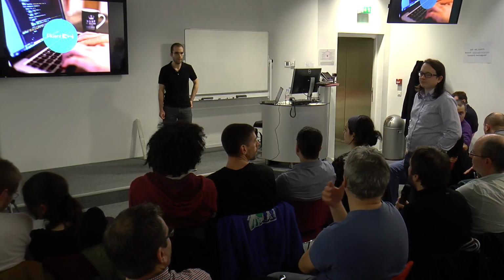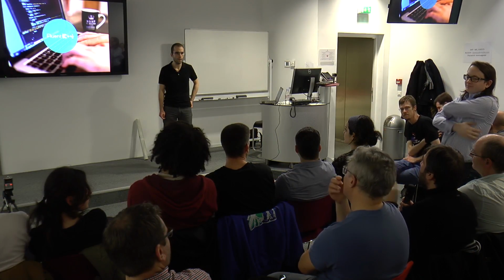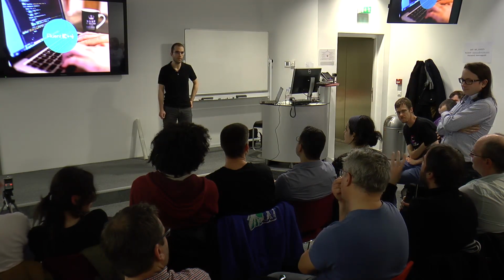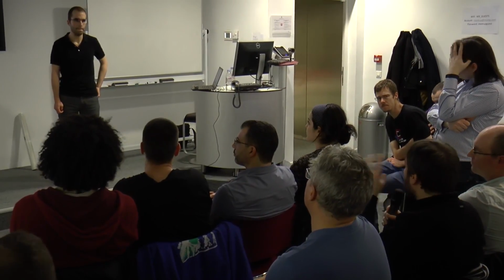What surprises me in your presentation is that you are using strong types for two quite different things. One is, I don't know the English word for it, grandeur, different kinds of grandeur.